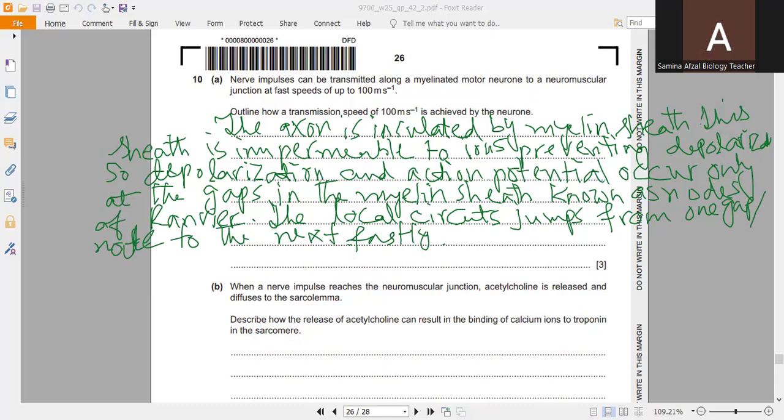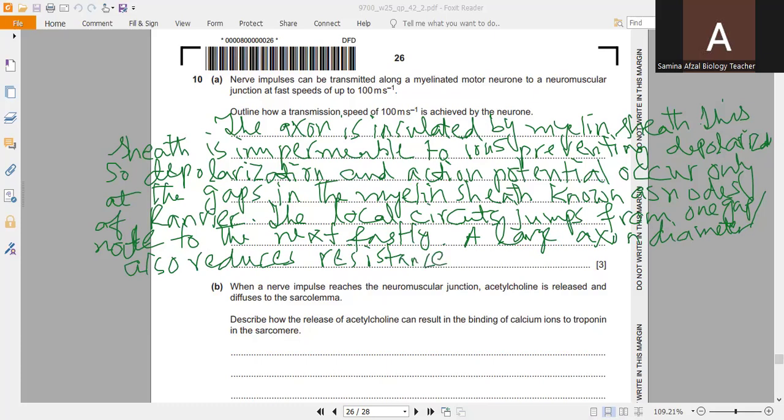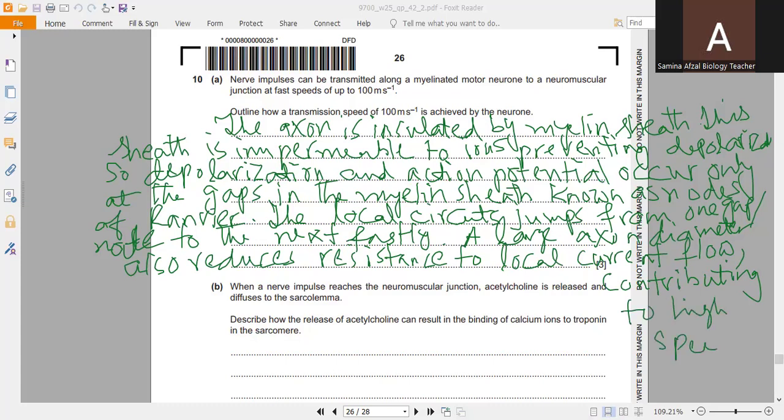One thing is also mentioned, that a large axon diameter also reduces resistance to local current flow, contributing to high speeds.